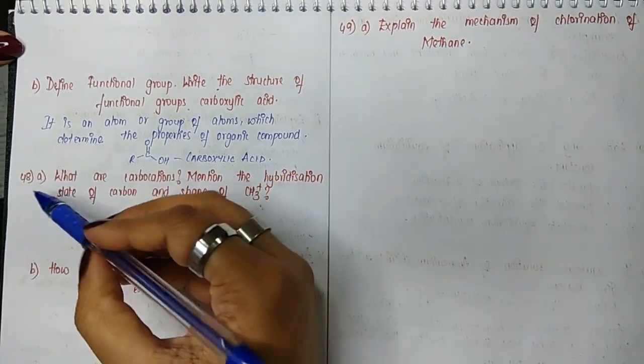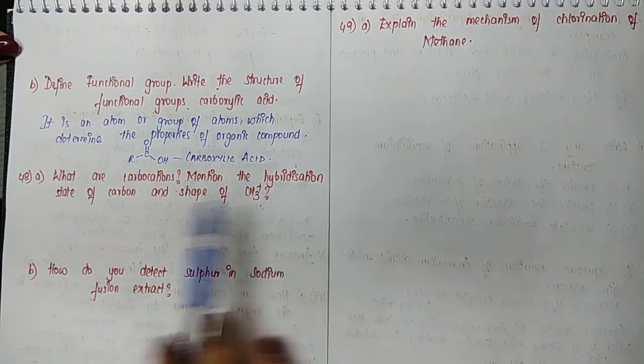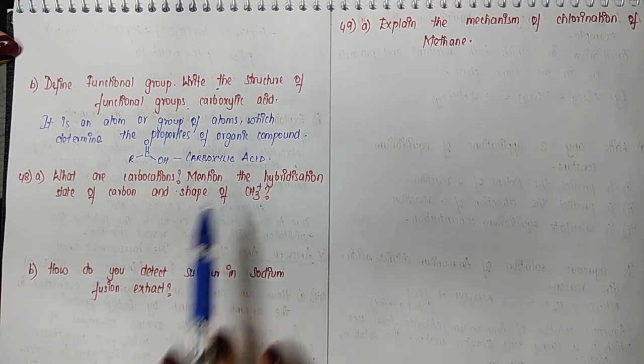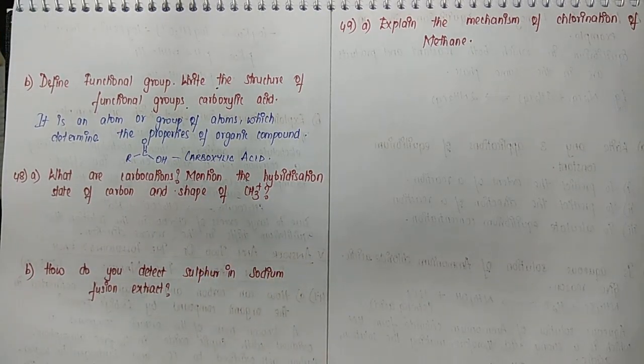Now the next one, 48th question. What are carbocations, and mention the hybridization state of carbon and shape in methyl cation. So let's see how to answer this.